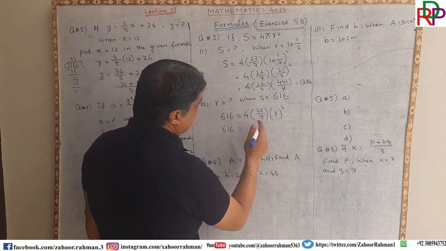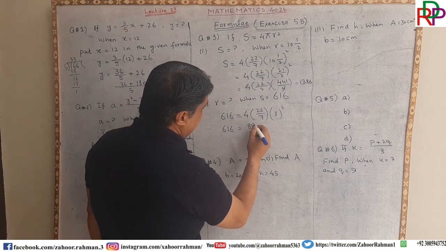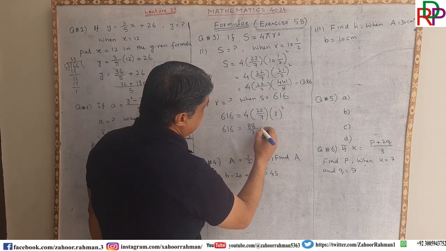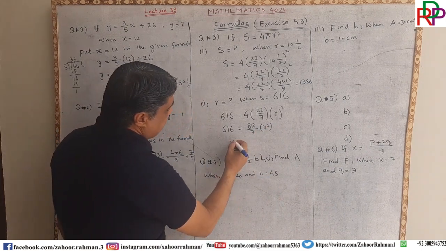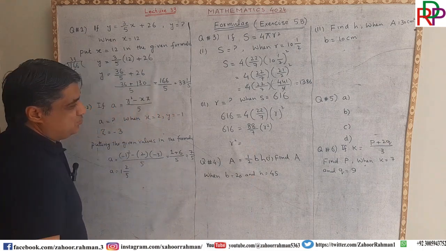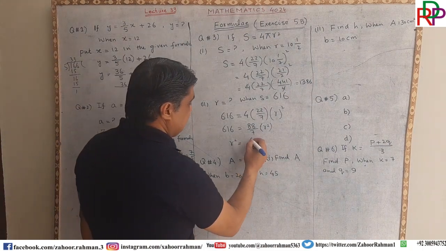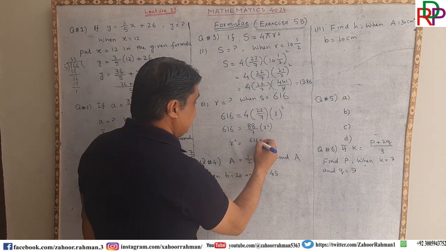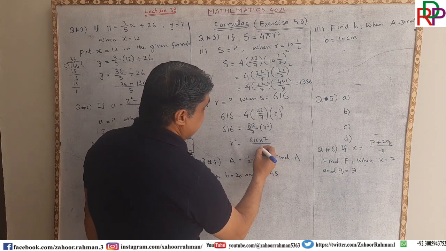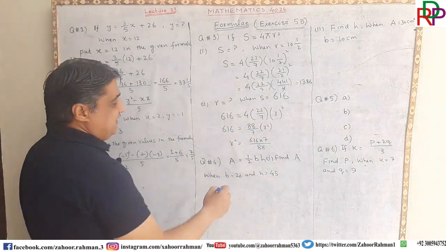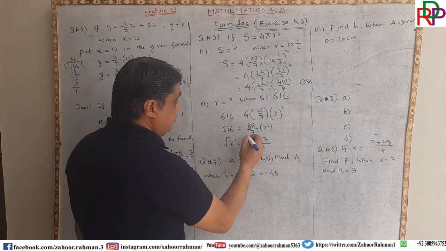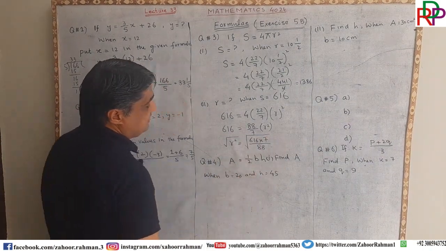616, when this 4 is multiplied with this, it will become 88 divided by 7 and R square. Now R square is equal to 616 multiplied by 7 divided by 88. Now we are taking square root on both sides.